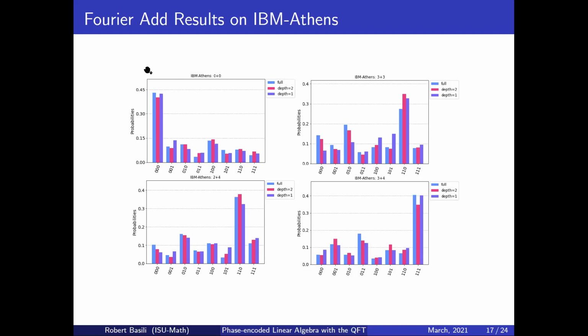But in any case, on Athens here, we see that I've done some additions. First, I wanted to include just 0, 0 for a reason that I'll get to in a second.